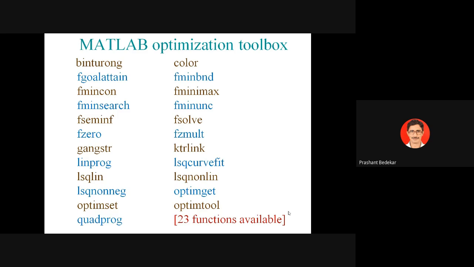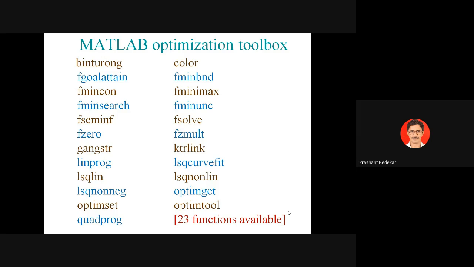I am talking about MATLAB version R2010. Nowadays a few more tools have been added: the genetic algorithm tool, particle swarm optimization tool, and simulated annealing tool have also been included in the optimization toolbox. So you may find more functions now.